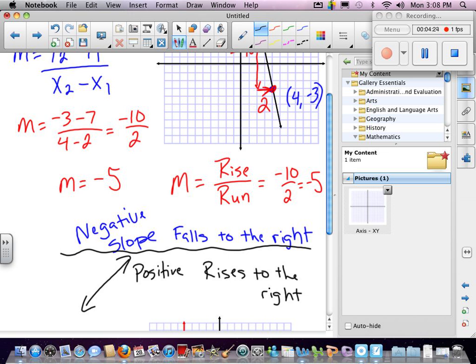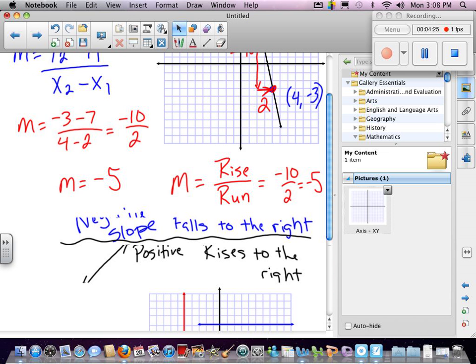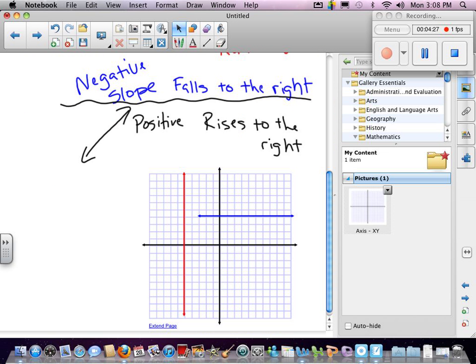All right, 2 other points that we need to talk about before tomorrow. We need to talk about vertical and horizontal lines. You'll see the vertical line here in red. This is vertical. And we're also going to talk about horizontal over here in blue. So there's our vertical and our horizontal lines.